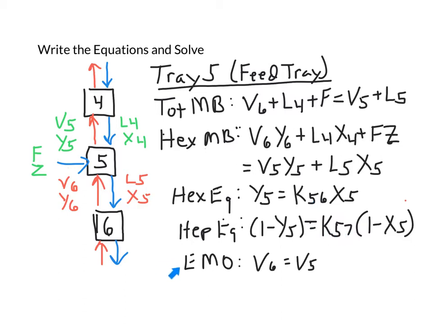We also employ EMO, which is that the vapor flow rate coming into tray 5 is the same as the vapor flow rate leaving tray 5. Now here you can see why we don't do this for the liquid, because L4 is different than L5 because we're adding this liquid feed.